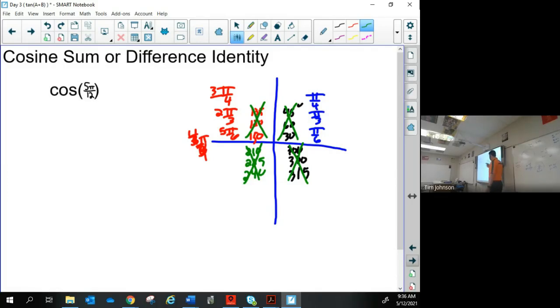If I go by pi 6 from 6 pi 6, that's 7 pi 6. If I go by 1 pi thirds from 3 pi thirds, I'm at 4 pi thirds. And if I go by a fourth of a pi from 4 pi fourths, I'm at 5 pi fourths.